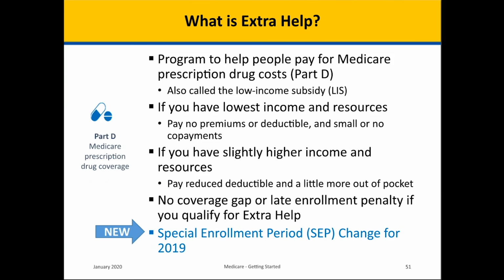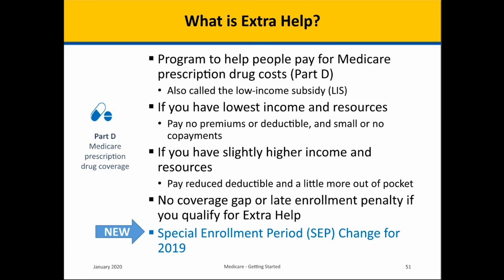And what is Extra Help that we've been talking so much about, or low-income subsidy? This is a Medicare program to help people with limited income and resources help pay Medicare Part D costs like premiums, deductibles, and co-insurance.